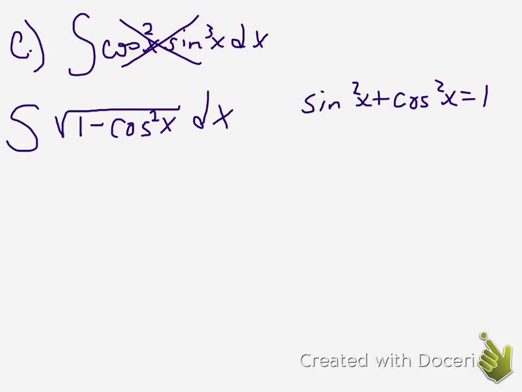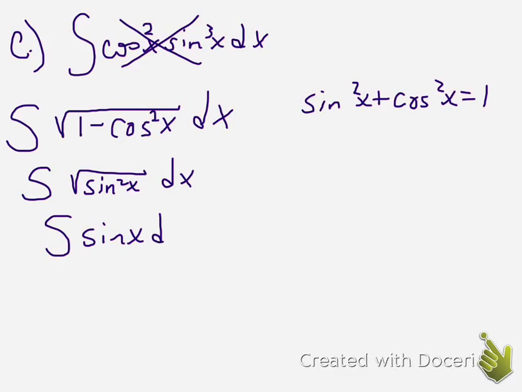So 1 minus cosine squared is equivalent to sine squared. So I'm going to rewrite that original problem like that. Square root of a square, they cancel, so this turns into the simple problem of integrating sine.